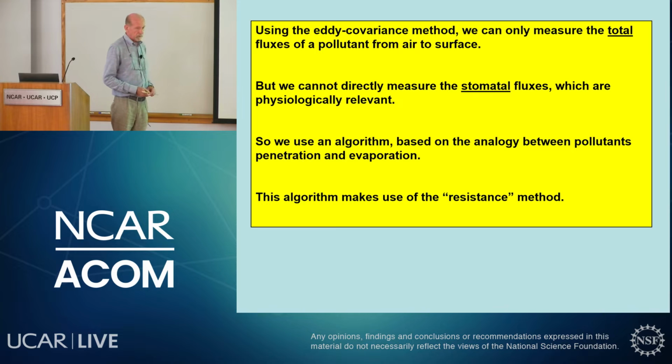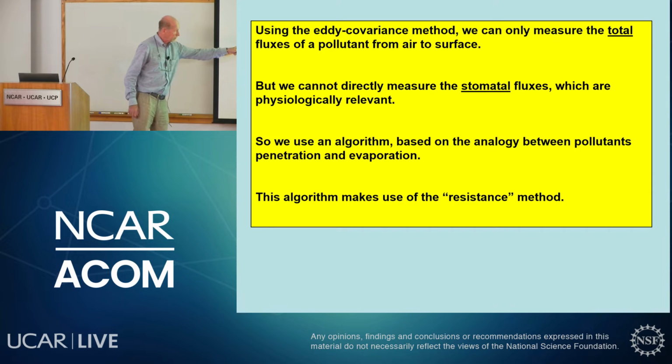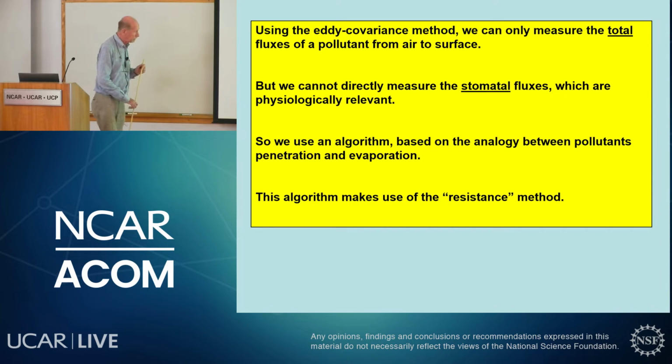But it is practically impossible now to measure directly the stomatal fluxes, so we use an algorithm based on the analogy between the pollutants penetration and evaporation, as I already mentioned. And the algorithm makes use of the resistance method.